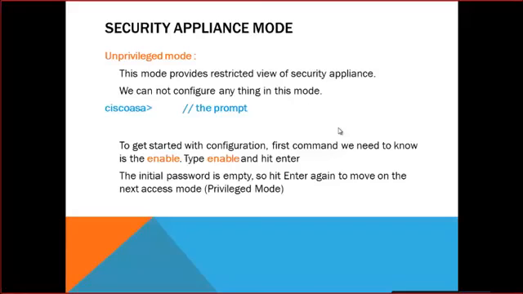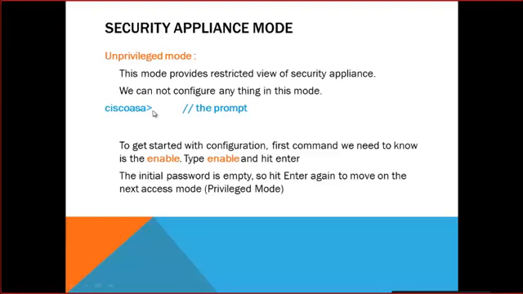You will have a restricted view of the security appliance here, and in case a password is set, you will see this prompt only after the password is given. So the username and password, if you set them for the user mode, come before this.